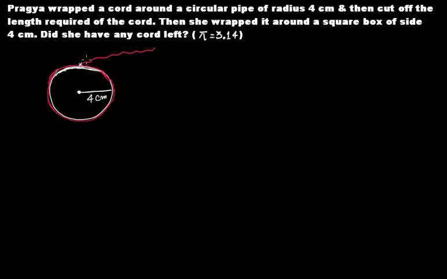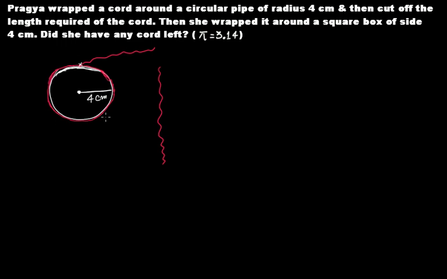Now she takes this wrapped cord that was wrapped around this circular pipe. Let's say that this is this much. So can you tell the length of this wrapped cord that has been cut off from the full cord? Exactly, you can tell the length of this cord that was wrapped around this circular pipe, and that will be the circumference of this circular pipe.